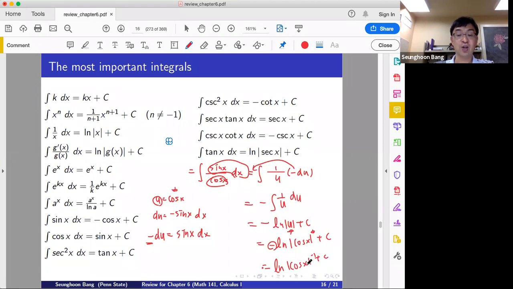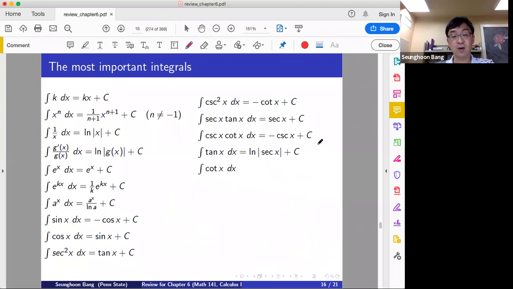Cosine x to the negative 1 is 1 over cosine, and 1 over cosine is secant. So that's it. This is the idea. Anyway, you can memorize this rule, it is better. What about the integral of cotangent x dx? Similar. The only difference is ln of the absolute value of sine x plus c.